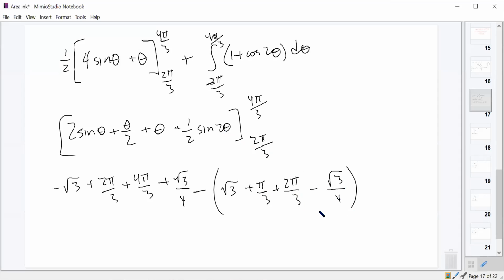Hopefully that's good. And 2 pi over 3 plus 4 pi over 3 is 6 pi over 3, or 2 pi minus a pi in there just gives us pi. So we got pi minus, and then what do we got? We got a negative root 3, and then this is going to be minus this root 3, so that's negative 2 root 3.